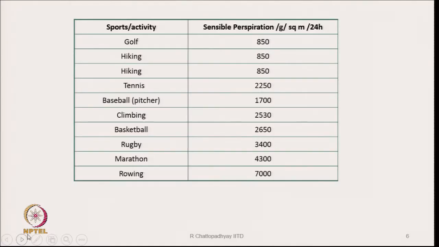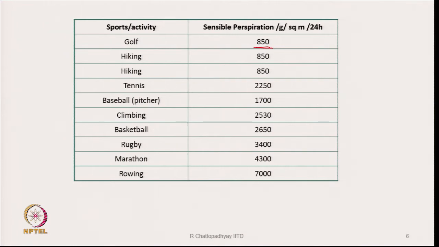Now, there are certain activities, and the kind of sensible perspiration that we generate is also stated here. So, what you see here, an activity like playing golf will mean 850 grams will be generated per square meter of the body in 24 hours.